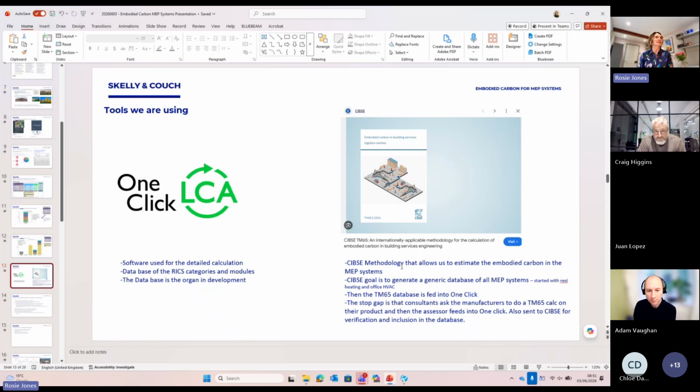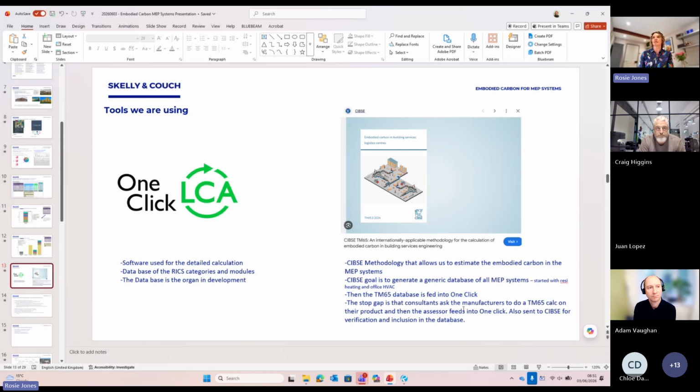So it's collaborative between the consultants who are working out what these buildings need, and the suppliers and manufacturers who are able to provide to fulfill those loads, and then how we can compare those different suppliers. At the moment, we're slightly blindly plugging the information that the suppliers give us into One Click LCA because that's all that we're able to do.